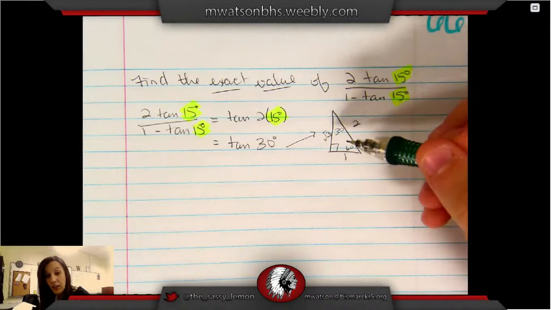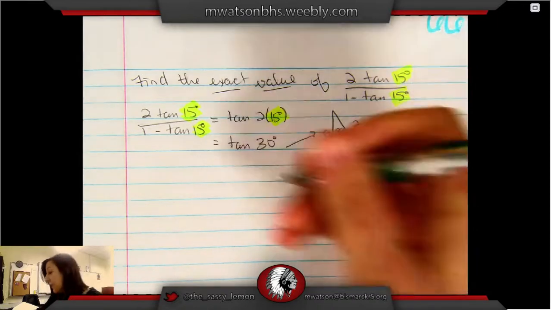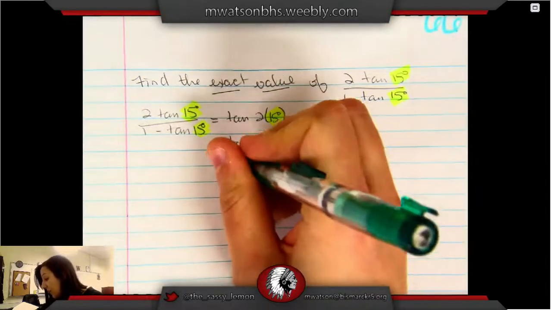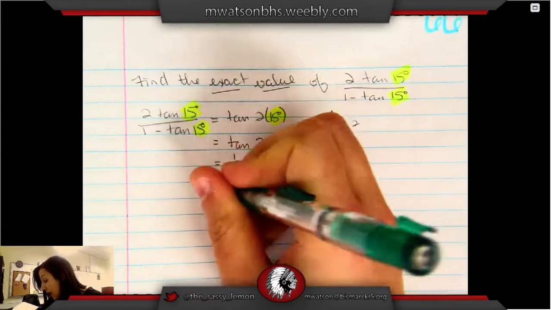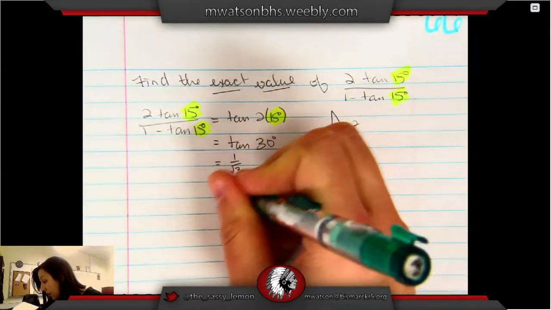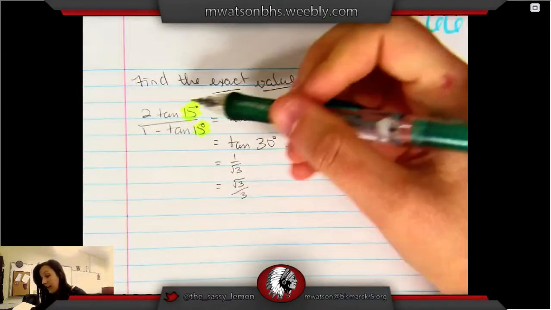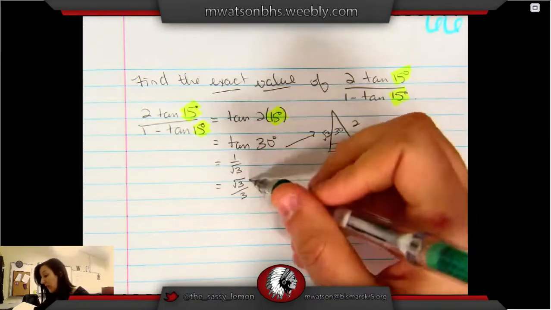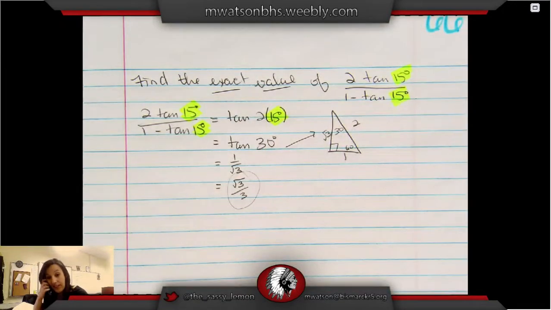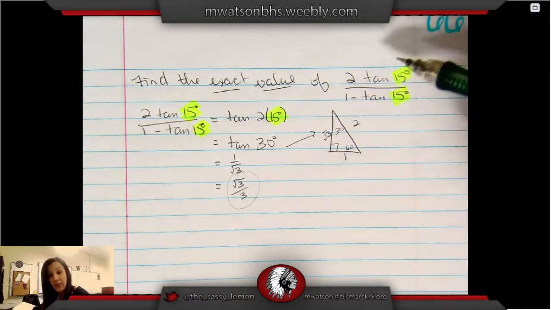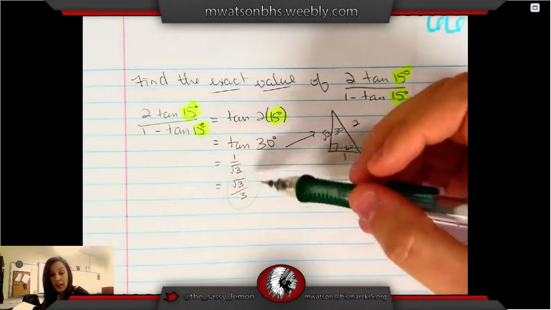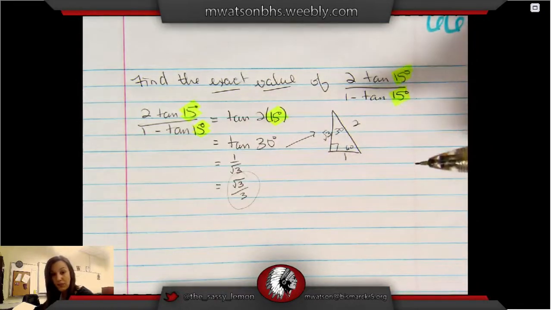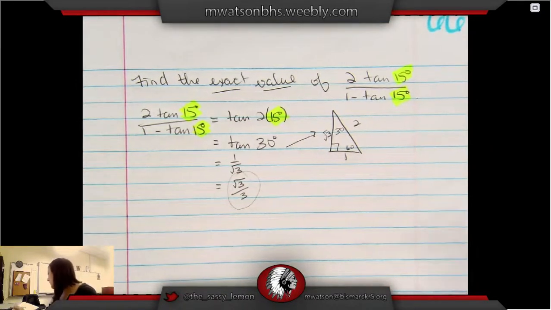And tangent of 30 is 1 over the square root of 3. I know that I'm going to have to rationalize, so that equals the square root of 3 over 3. So all of this right here equals this right here, and that's my final answer. That's the exact answer. And if you type each of these in a calculator, they would be the same decimal. Pretty cool.